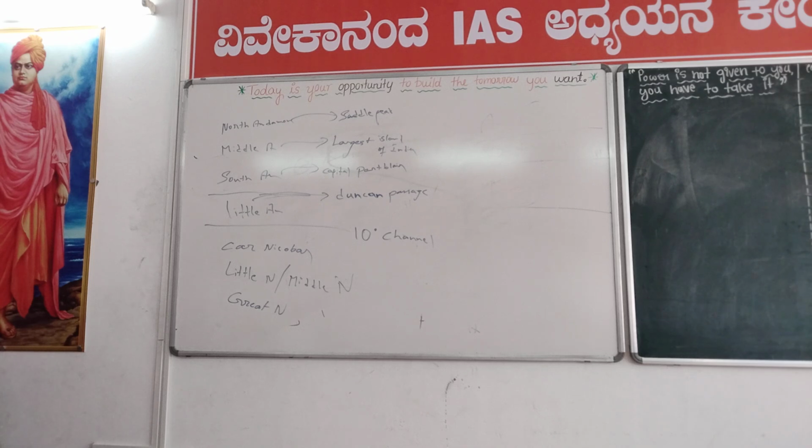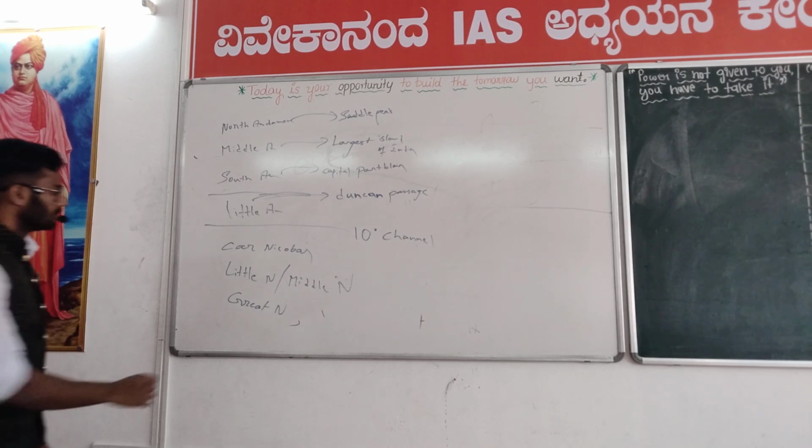Below Nicobar, what is there? After that, India is over. Indonesia, Sumatra, these are going to start. The channel which separates Great Nicobar and Indonesia is the 6-degree channel.